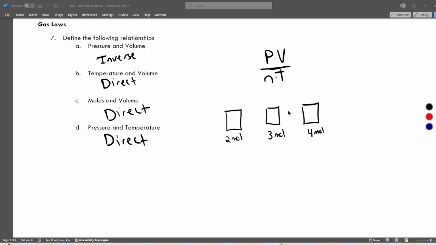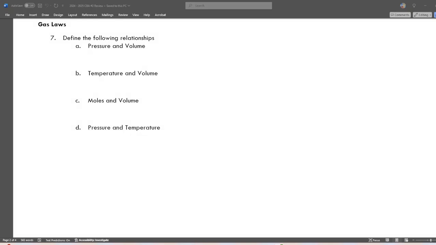So we're talking about N, right? Which one of these would have the highest pressure? If the relationship between moles and pressure is direct, if one goes up, the other goes up, then this one, because it has the least amount of moles, also has the lowest pressure. And this one has the most moles, so it also has the highest pressure. And this one's in the middle because it's got the middle amount of moles. I also want us to be able to do that with these relationships here. Just make sure we can figure that out.